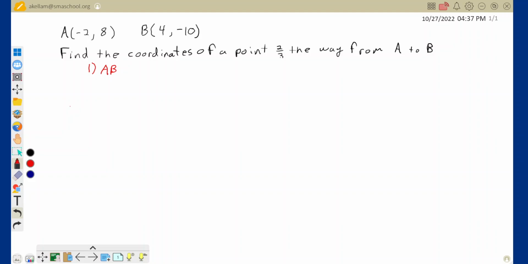So if I think of A and B being in the coordinate plane, I have a horizontal distance and a vertical distance.